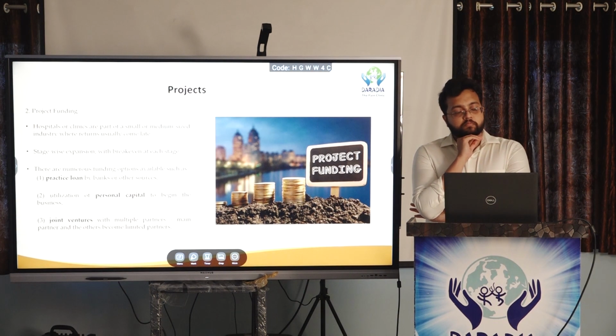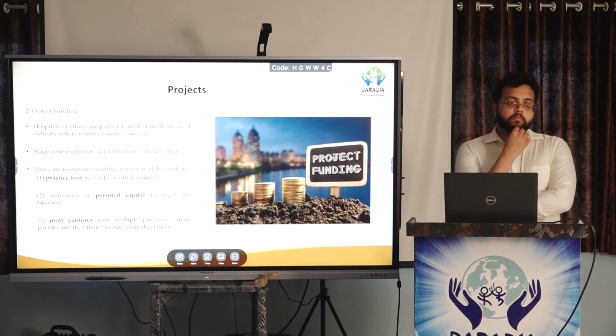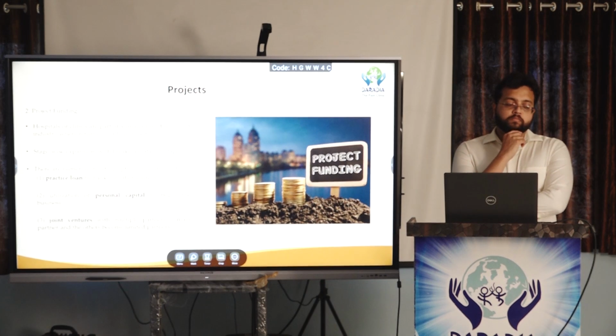State-wise there is. Like here, for acquiring this land, we got government support, meaning we got a special price for this land. So it depends on your state, where you can contact the government agencies and see whether you can get this kind of thing.